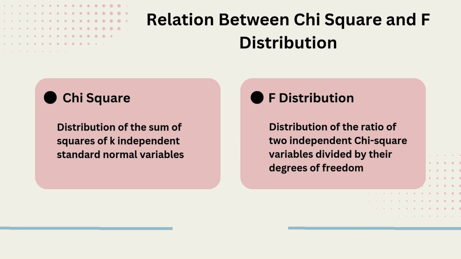It is often used in statistical tests involving goodness of fit and independence. The F distribution is based on the ratio of two independent chi-square variables, each divided by their degrees of freedom. So in short, the F distribution builds on the properties of the chi-square distribution to enable variance comparisons, making it an essential tool for hypothesis testing.